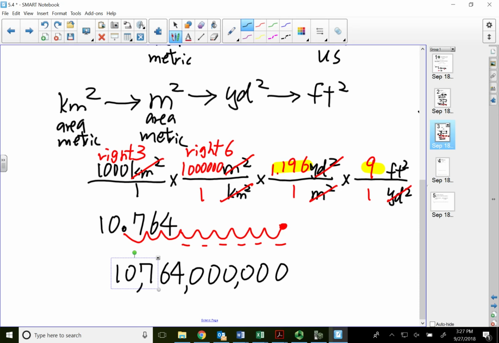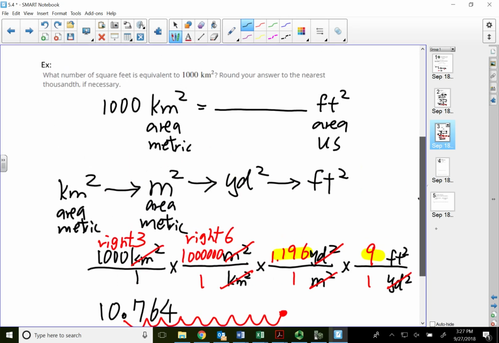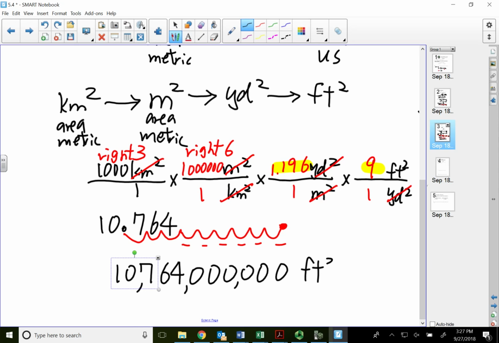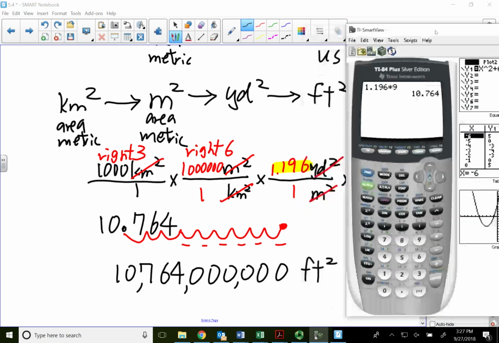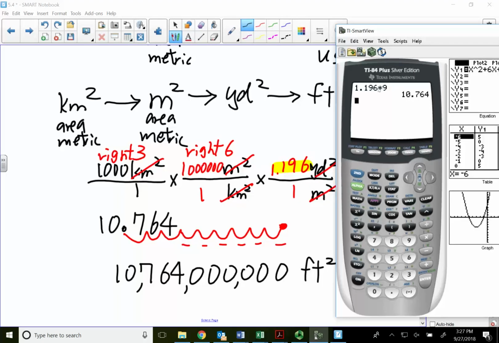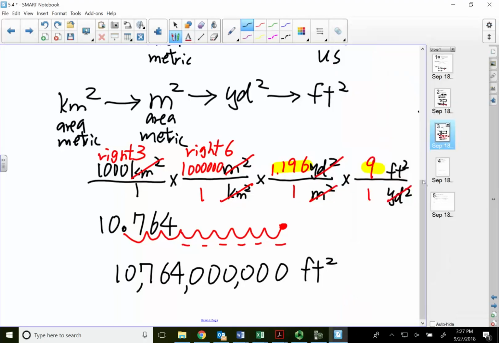And that's my answer. That will be that many square feet. Okay? All right. So using the power of 10, but I will introduce scientific notation in Math 108. For right now, we can use the idea of a power of 10 to help us.